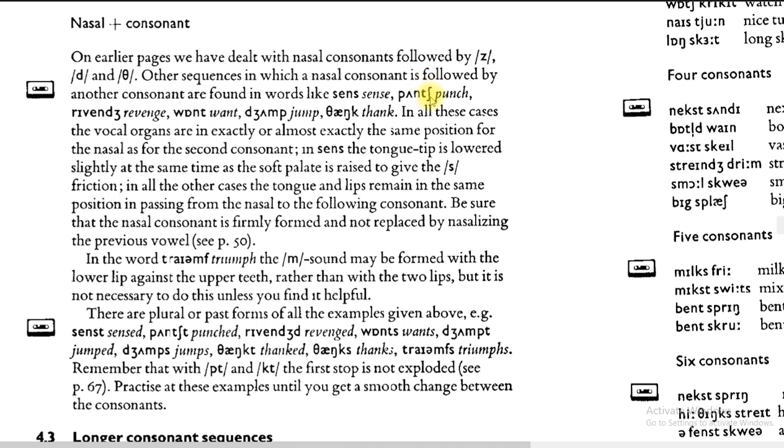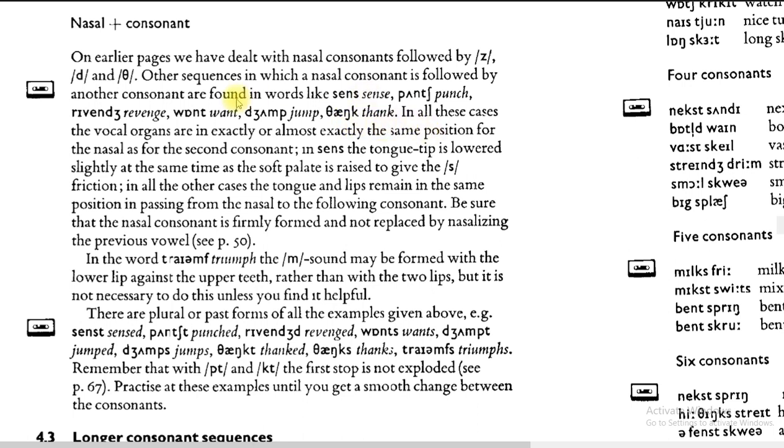This is the symbol for the ch sound, and it is counted as 1 consonant. Revenge. Also here we have this n sound followed by j. Again here we have 2 consonant sequences and not 3. Want, wants. N sound followed by t. Jump. Here we have m followed by p. Thank. The n sound followed by k.